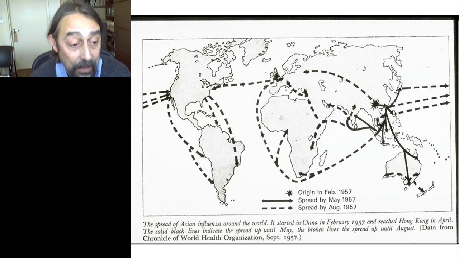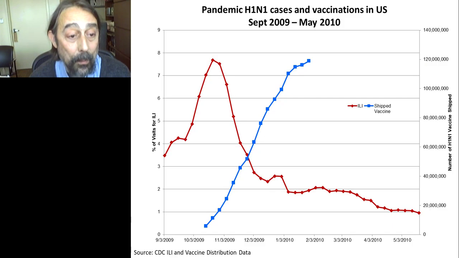What does this mean? This means that by the time a new pandemic virus comes and you try to make a new vaccine, the new vaccine comes late. This is, for example, what happened in the 2009 pandemic in the United States. We see in red the peak of viral infections during the first wave in 2009 of the pandemic H1N1, and we see in blue the production, the shipment of the vaccine against this H1N1 virus.